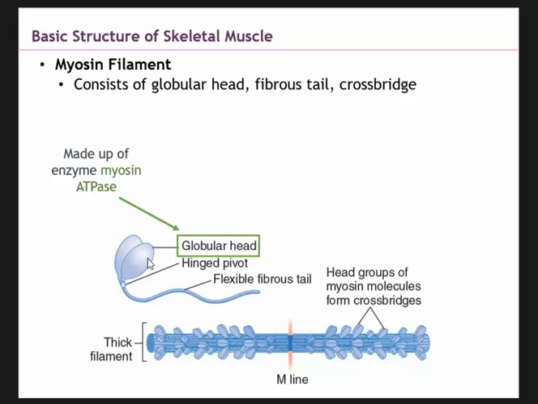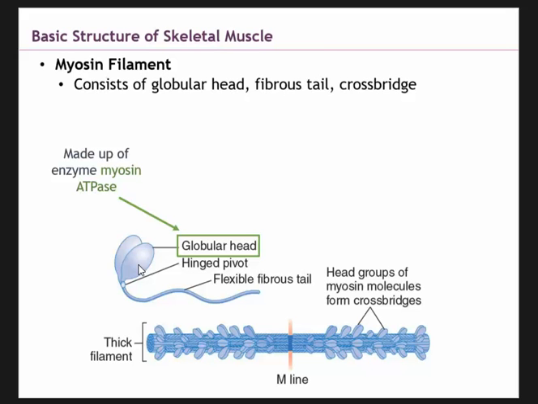This enzyme is called myosin ATPase. There are various forms of myosin ATPase found on the cross-bridge head. What it does is determine the fiber type and the contractile properties. It's also the catalyst for ATP hydrolysis.